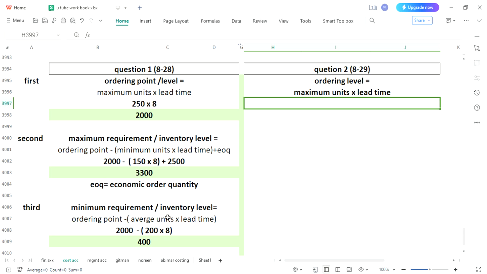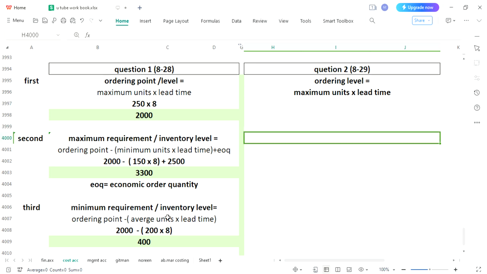Then we will have our second point, which is maximum requirement, or maximum inventory level. And how would you calculate this maximum inventory level?